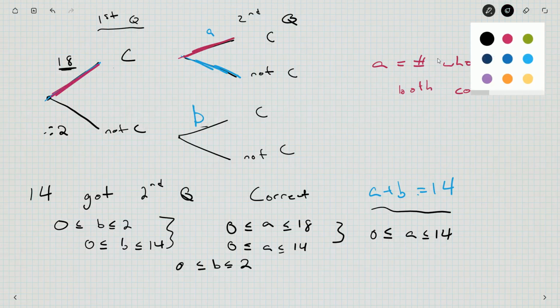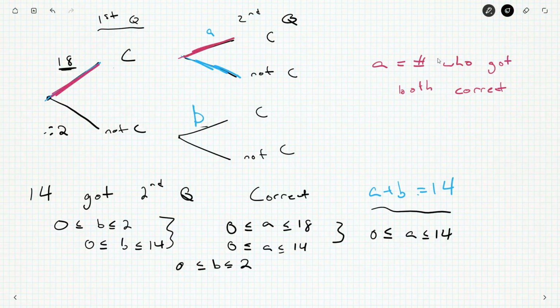Okay. So what can A be? Well, A could be at most 14. But could A be as small as the 0 we've got here? Not quite, and we'd need to explain that. If A were 0, then B would have to be 14, but B is at most 2.